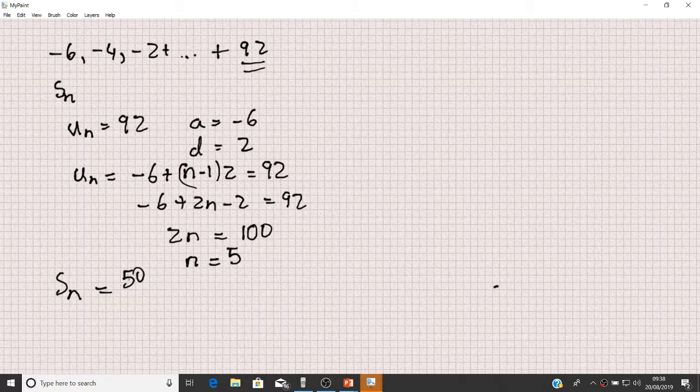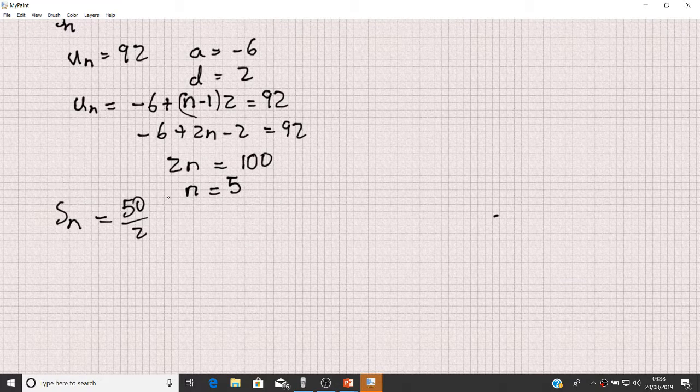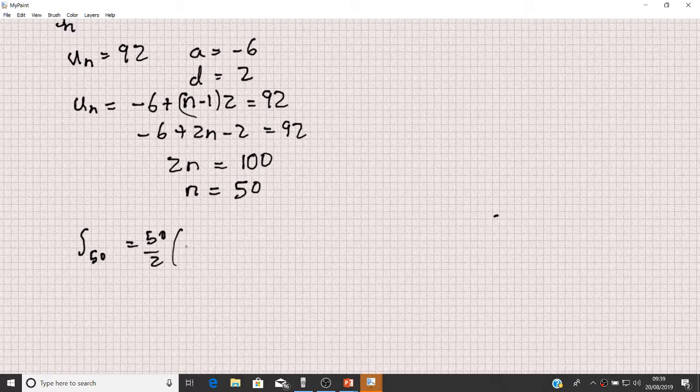So S50 equals 50 over 2, times 2 times a, which is minus 12, plus 49 times 2.